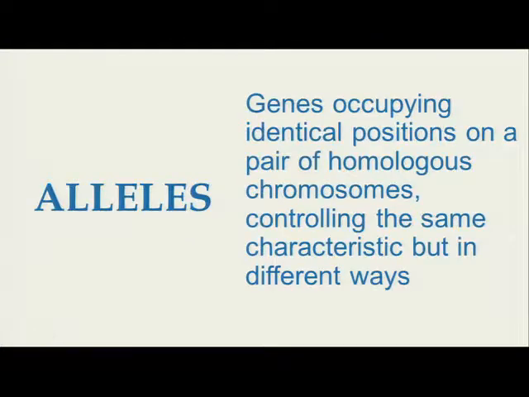The second concept that I would like to refer to, alleles, or just the singular form allele. You find the phenomenon that genes occupy identical positions on a pair of homologous chromosomes, controlling the same characteristic, but in different ways.